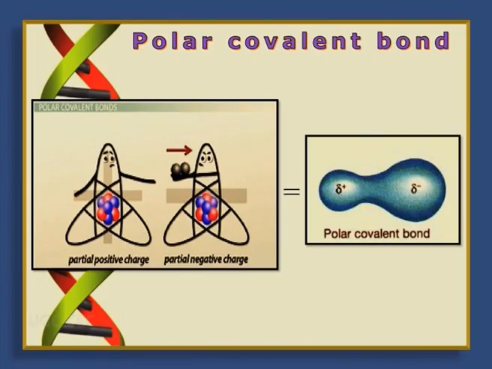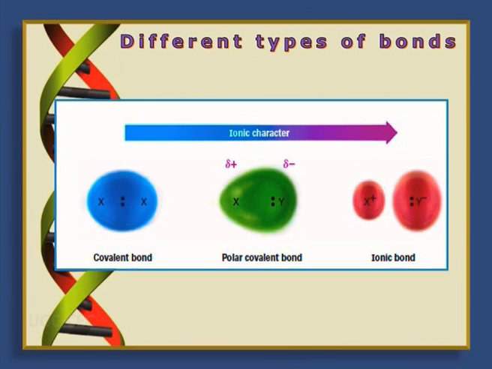Now let us see what polar covalent bonds are. The polar covalent bond, as you can see in this slide, is the tendency of one of the bonded atoms to attract the electron cloud towards itself due to a difference in electronegativity of the two bonded atoms. As a result, the electron cloud doesn't remain symmetrical and is shifted to one of the bonded atoms, resulting in the formation of a dipole.